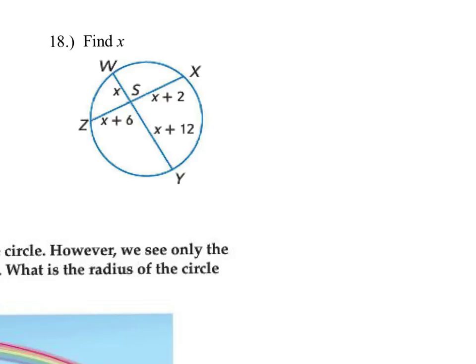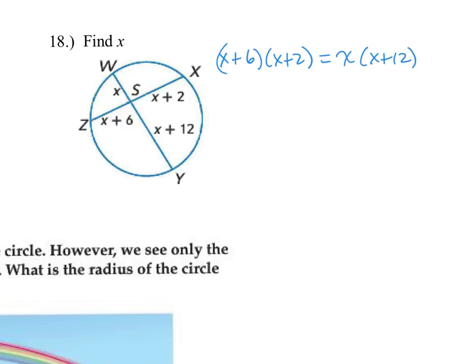Let's take the product of the measures of the pieces. That would be x plus 6 times x plus 2, and that's going to be equal to the product of the pieces of the other chord, so that would be x times x plus 12.